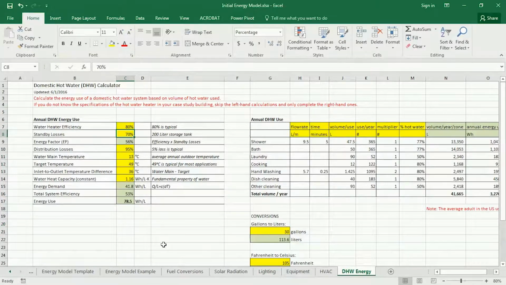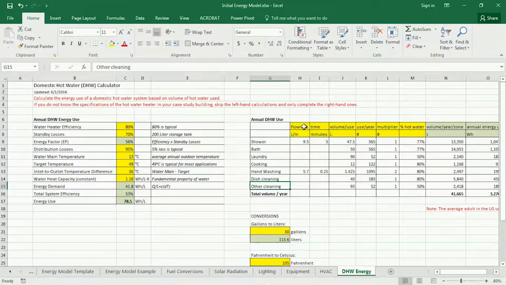The rest of this, let's just keep as is, and what this does is give you an energy use per liter of water. And then if you come over to here to the right side, this is the annual domestic hot water use. It goes by end use, and you can add end uses to this. These are the ones that I could come up with: shower, bath, laundry, cooking, hand washing, dish cleaning, and other cleaning.